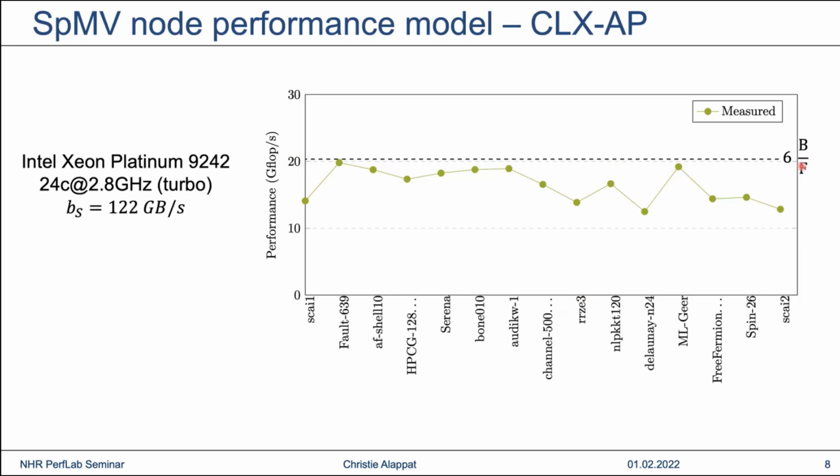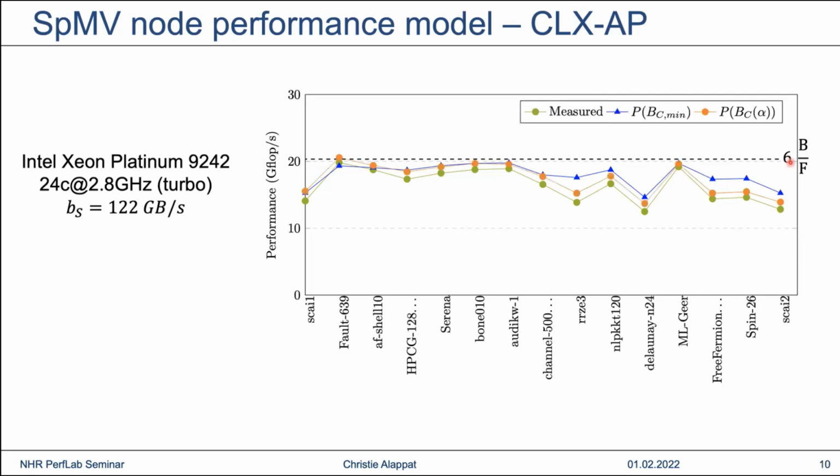And this indicates that most of the traffic comes from the matrix, because the 6 bytes per flop includes only the traffic from the sparse matrix. Of course, now if we include the traffic from the vectors, we could get a tighter approximation for the performance. And if we also include the alpha factor, which can be done by using performance counters like LIKWID, we can measure the alpha, for example, and then we could get an even closer estimation for performance.